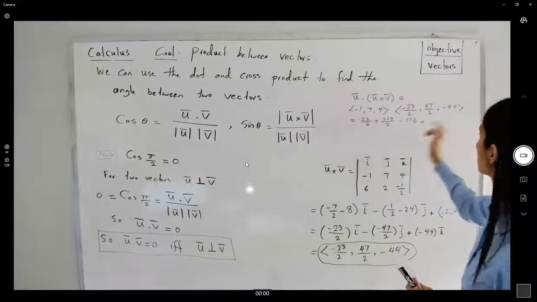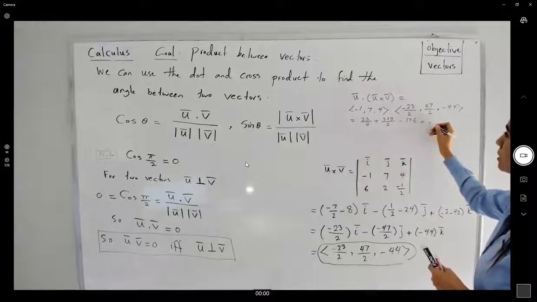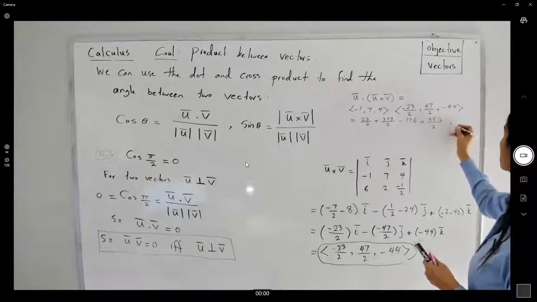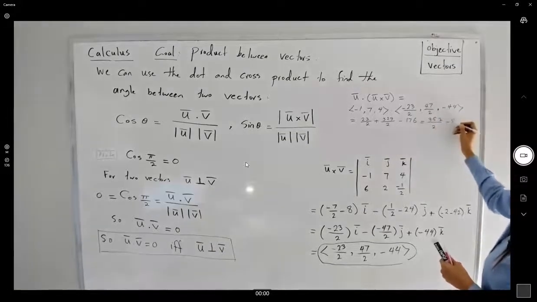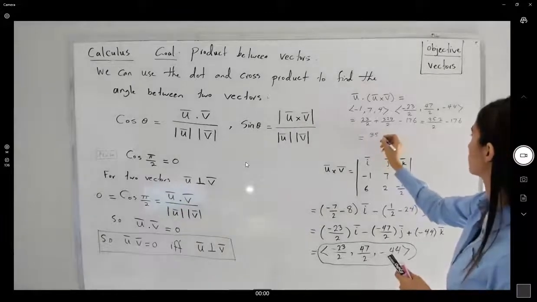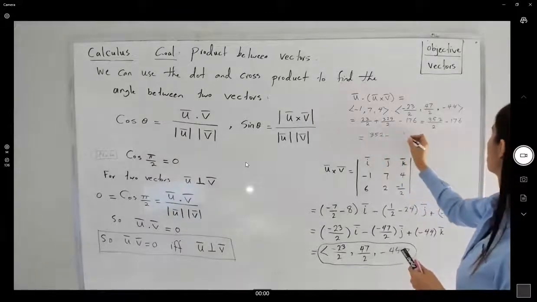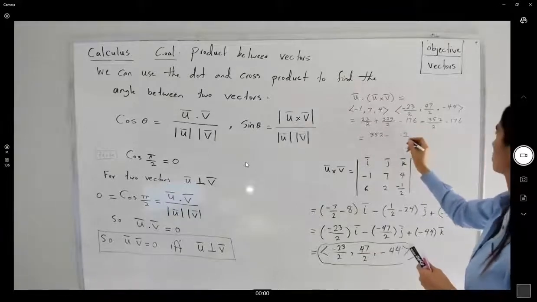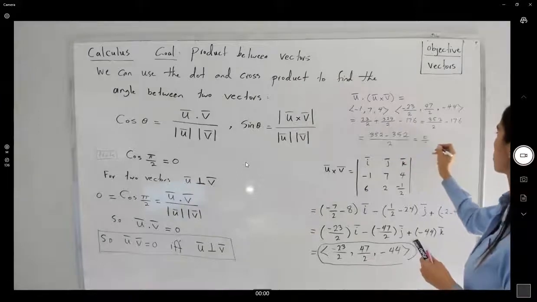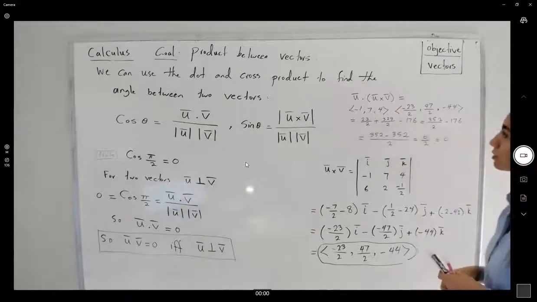If we add these two together, we get 352 minus 352 divided by 2, which is 0/2, which is 0.